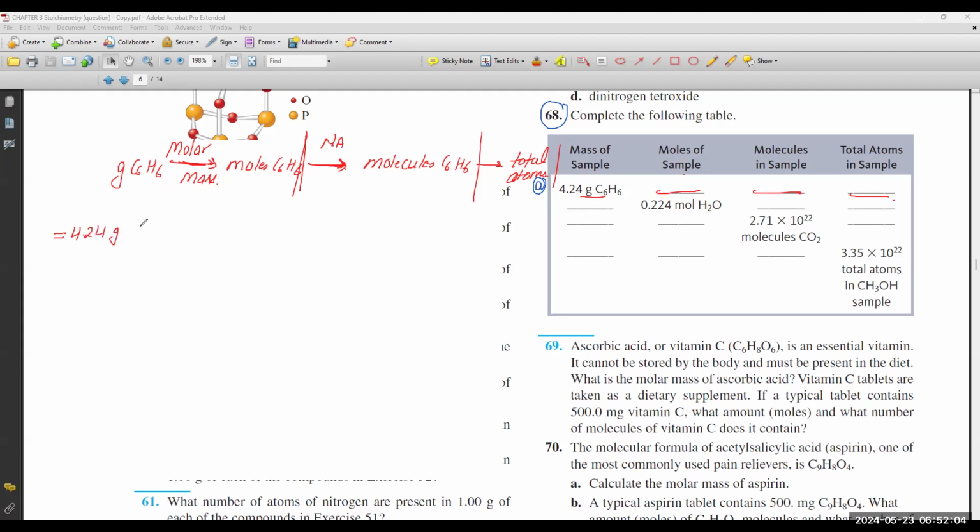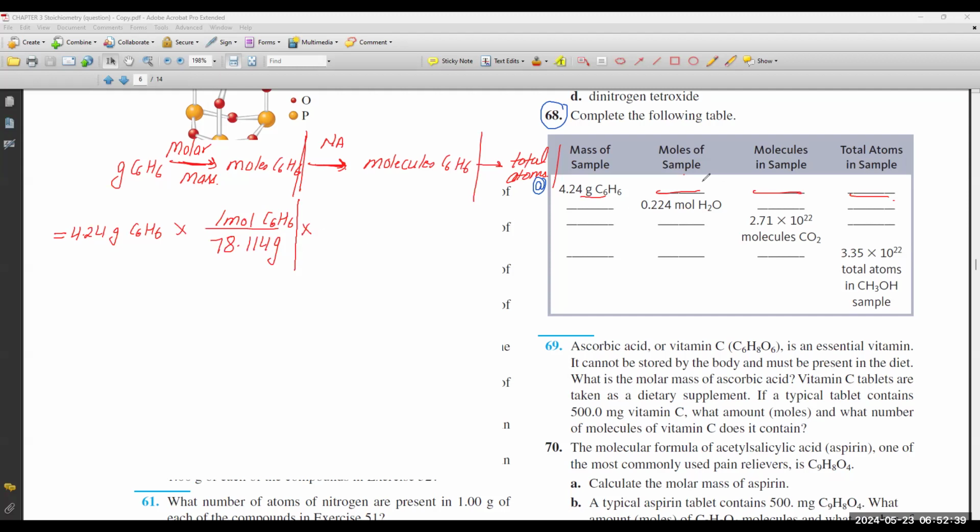4.24 grams of C6H6. Give me the first ratio. And give the answer also in 3 significant figures. What's the molar mass of C6H6? Okay, very good. 78.114 grams.